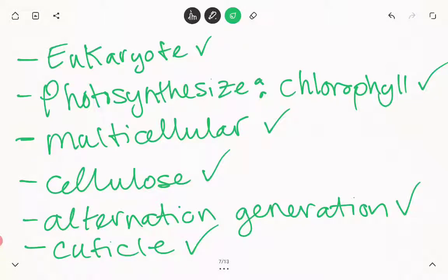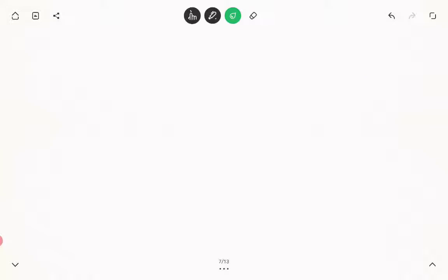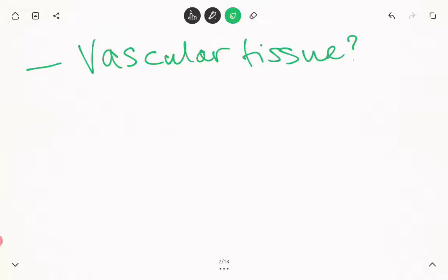All right. So now, to determine the relationship between plants, we ask three major questions. We ask first, does it have vascular tissue? Vascular tissue being, in plants, things called xylem and phloem.